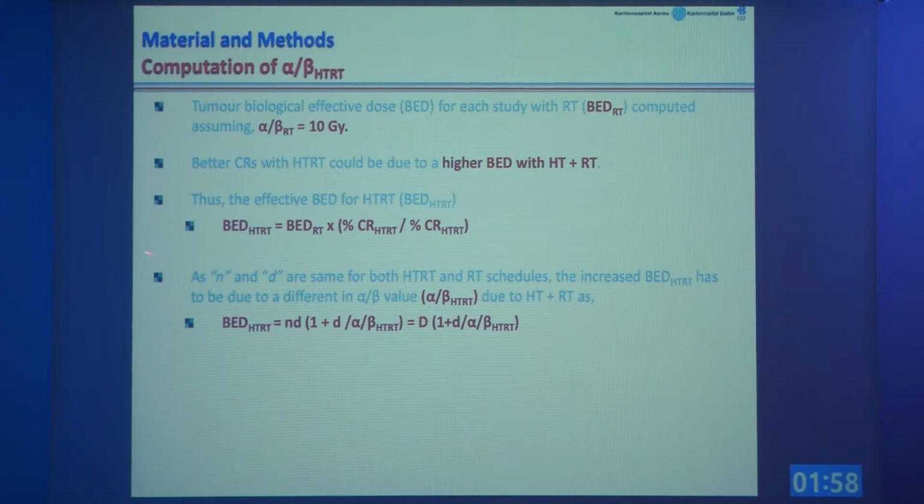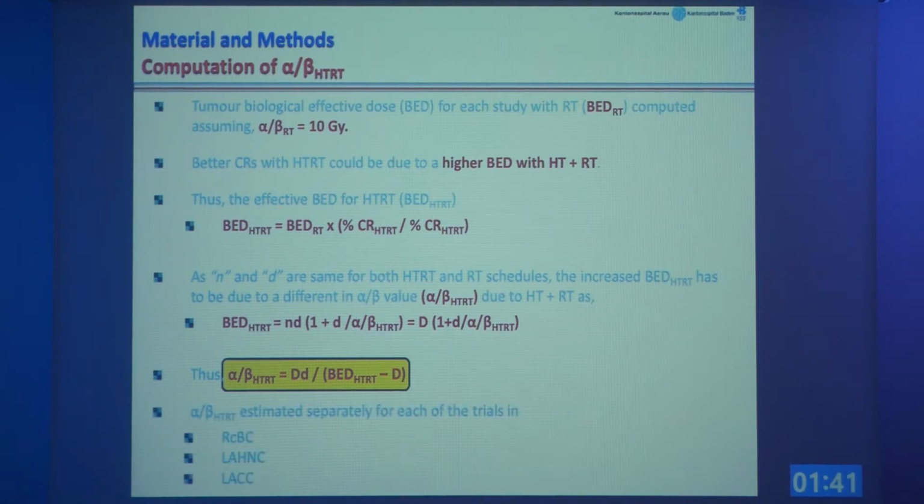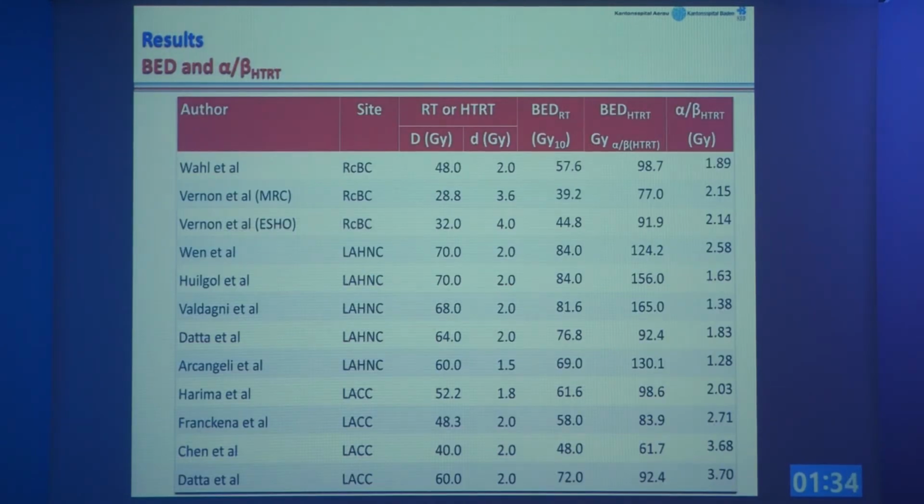Since the N and D values are the same, you can use the expression from the LQ model and compute the alpha beta for HTRT from the simple model, where you know the D and the computed BED for HTRT. Using this, we could estimate the alpha beta separately for each of these 3 sites.